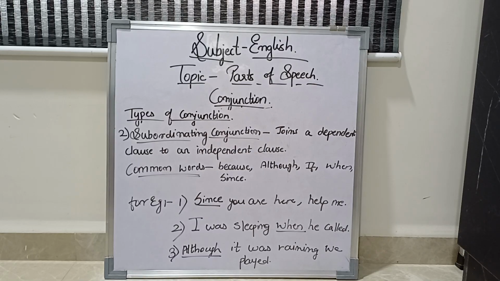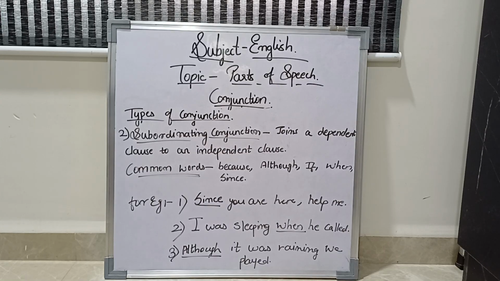Now, to understand it in short, one sentence that doesn't directly need any help to complete its meaning is an independent clause. But a dependent clause needs help to complete its meaning. It's just a simple explanation. We will learn it more deeply in other lectures.